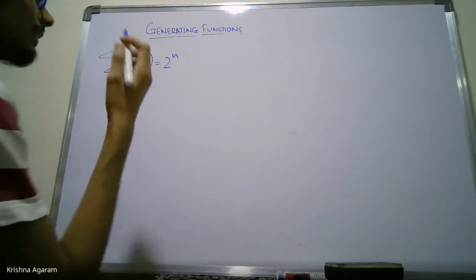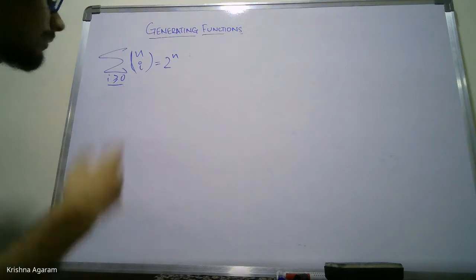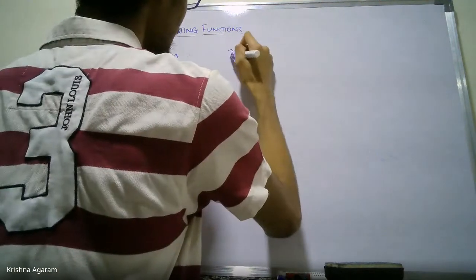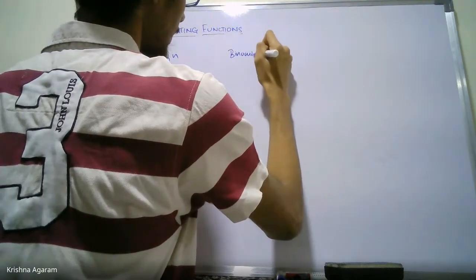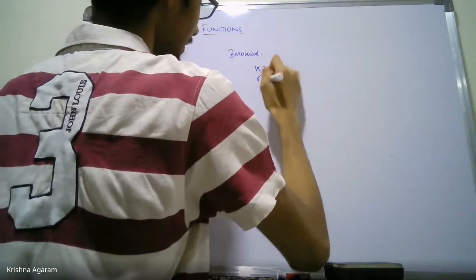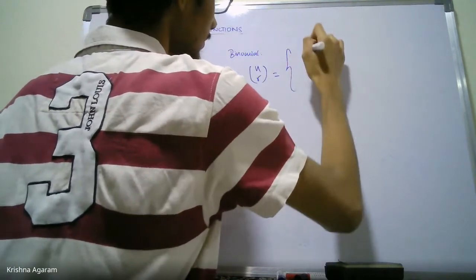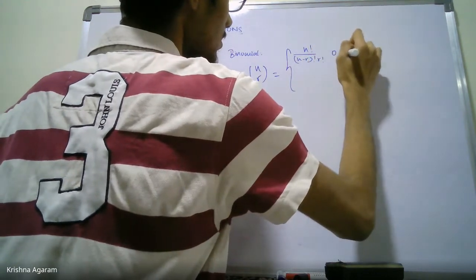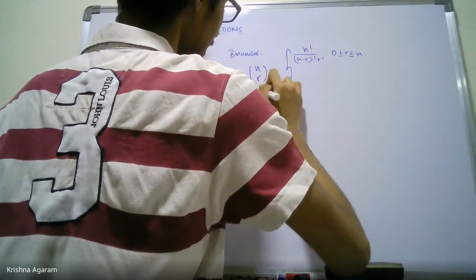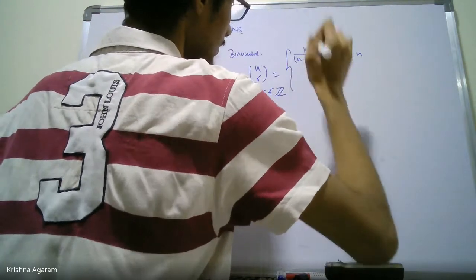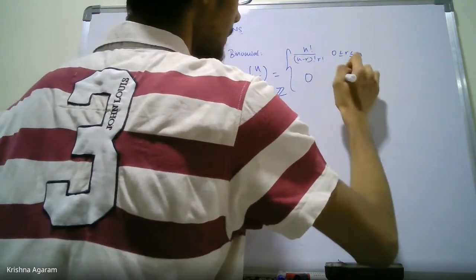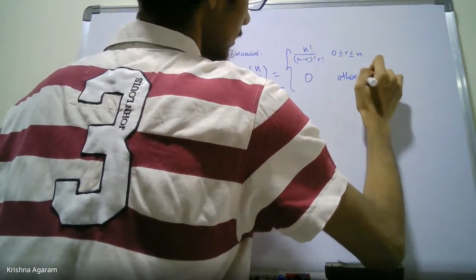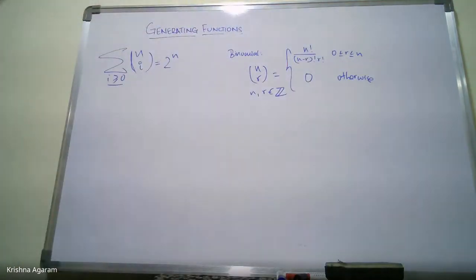So what you want is, first of all, on the binomial coefficients, you can define this for n and r integers, not necessarily positive. Okay.